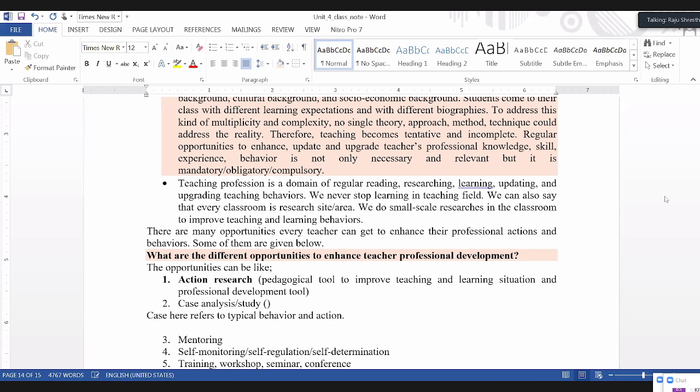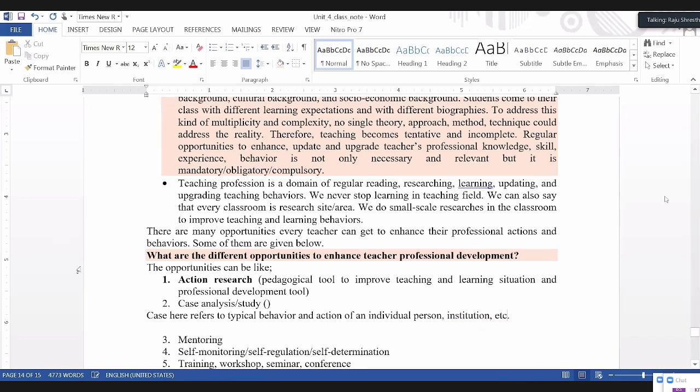Case refers to typical behavior or action of an individual person, or of an institution, can be an institution, etc. Institution पनि हुन सक्छ.